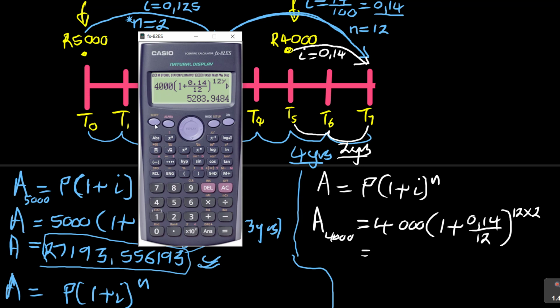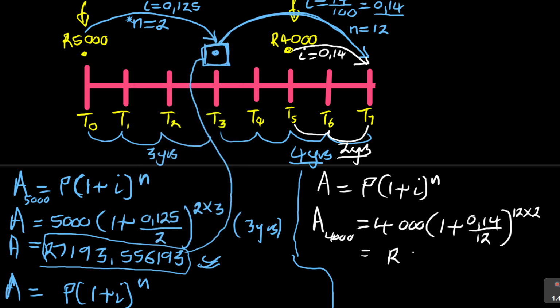I told you how you can round off. Shift setup 6 to 2 decimal places. You see, it can give that 5,283 rand 95 cent. So this is the amount that 4,000 becomes after 2 years.